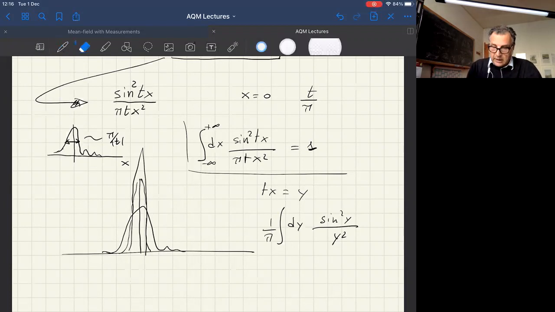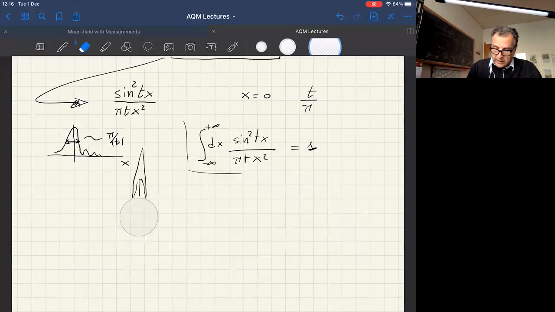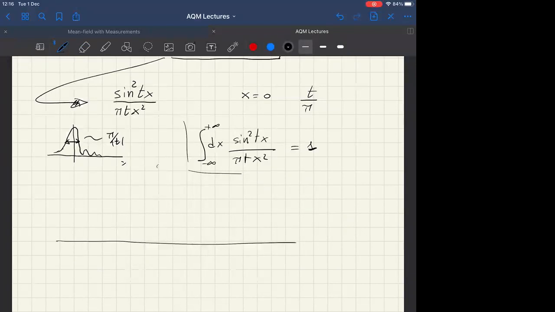But the important thing that I want to stress here... You said earlier, if the t increases, the peaks become higher?